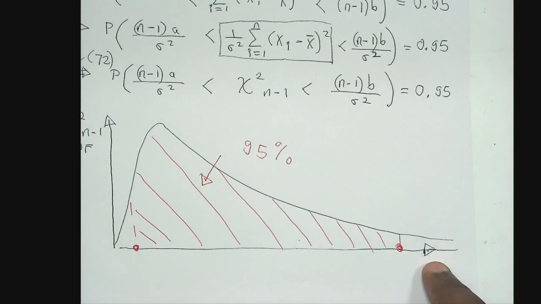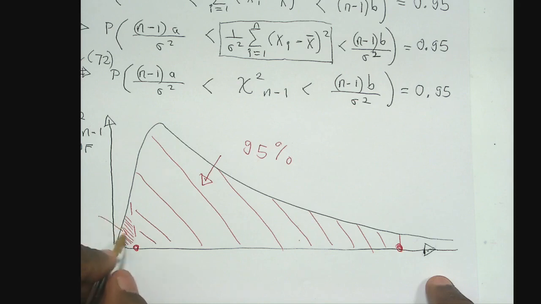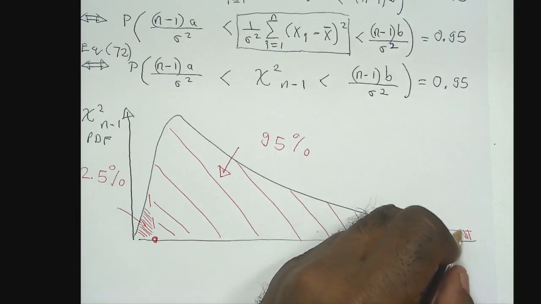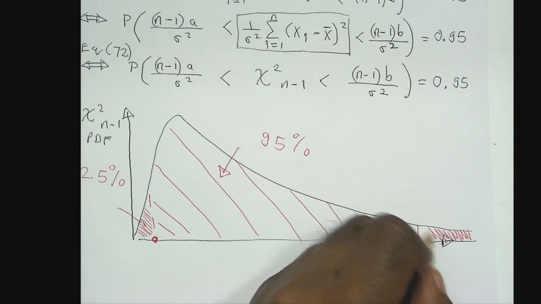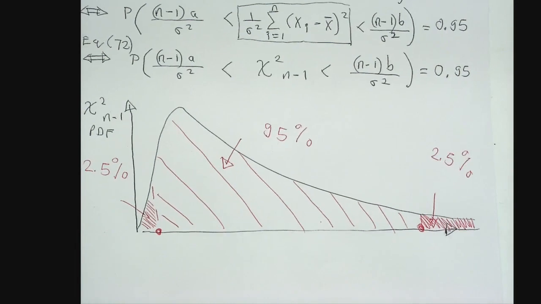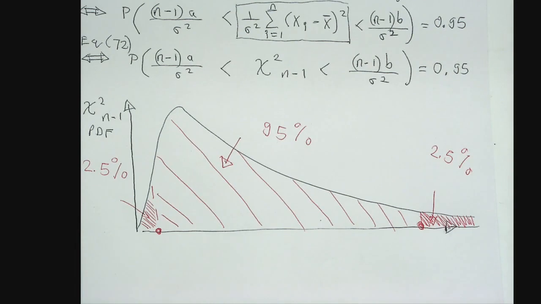But to be fair, let me take this to be 2.5% and this to be also 2.5%, so the total area under the curve is 100%, as it should be.